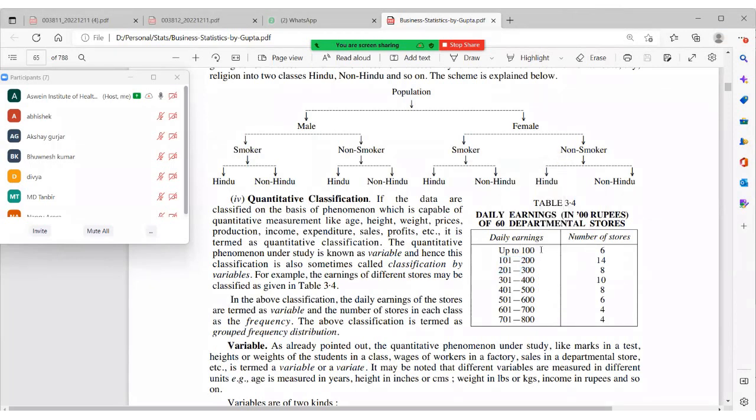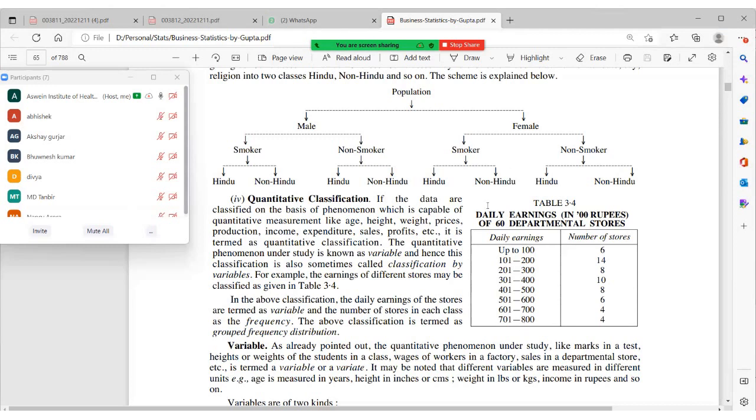But in the first class, they have written up to 100. They have not mentioned the lower limit of this class. In the similar way, somewhere it is written above 700, or in this case, below 100.